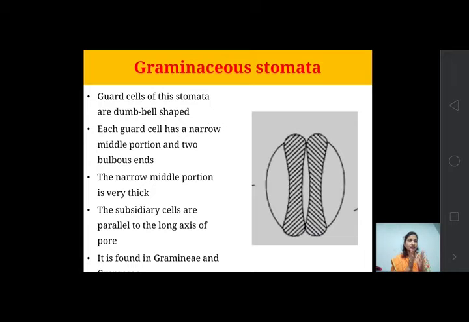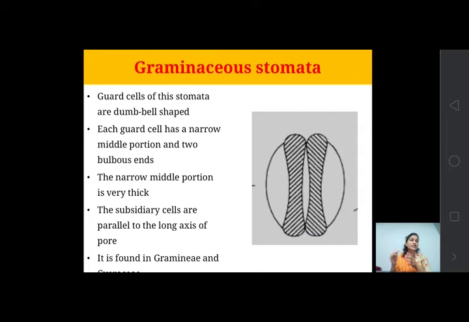The narrow middle portion at the center is somewhat thicker than the outer part. And the subsidiary cells are parallel to the long axis of the pore, like in the parasitic type.